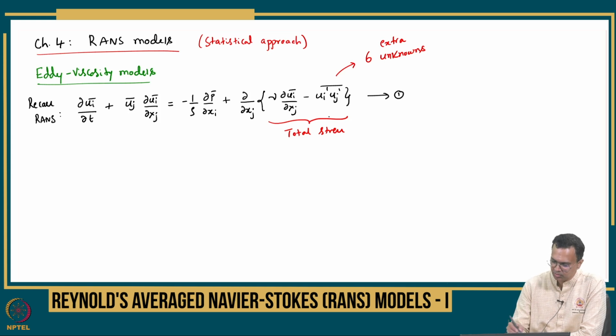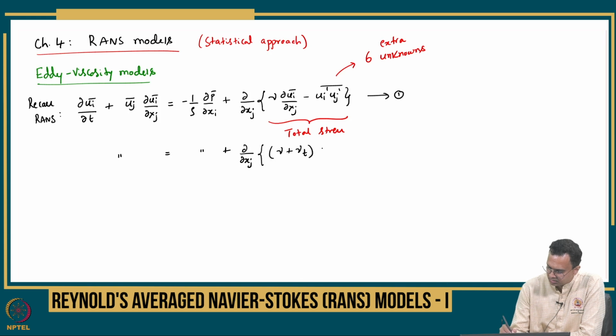So the idea is, if I rewrite this using what is called an eddy viscosity, the equation would be, on the left hand side, a pressure term plus the dou by dou xj of (nu plus nu t) dou ui bar by dou xj.